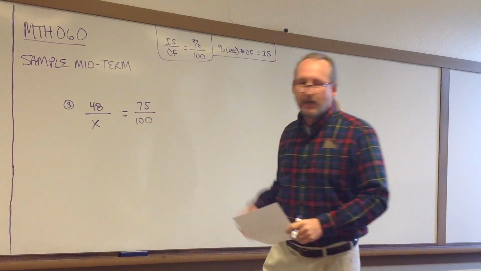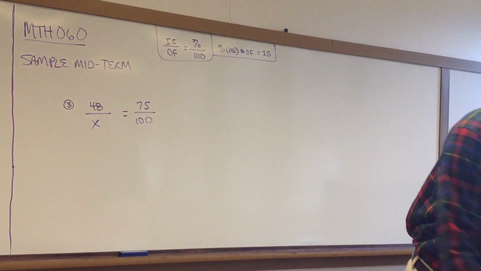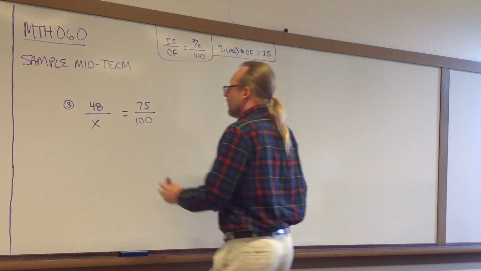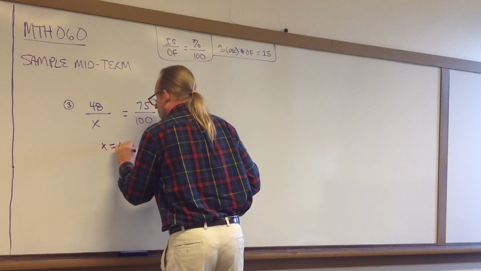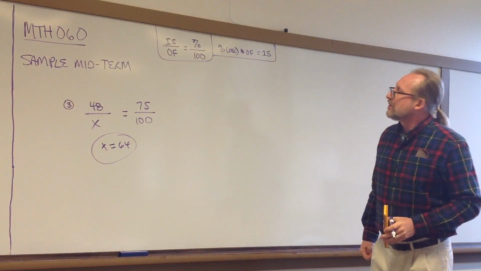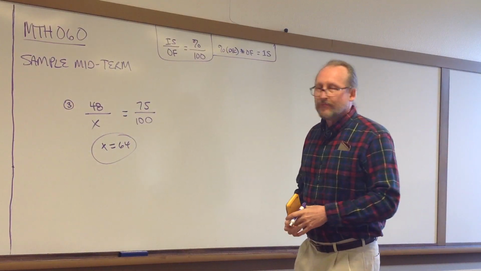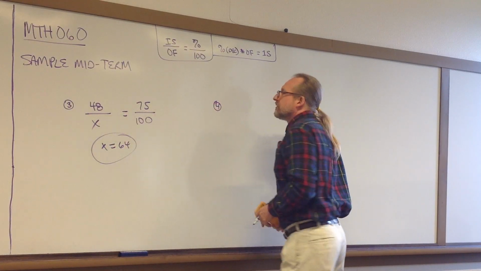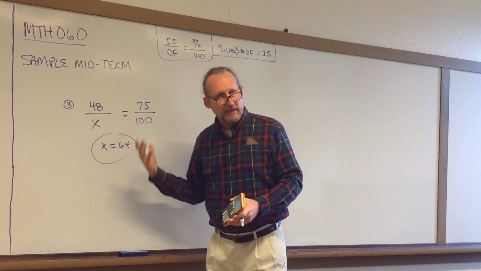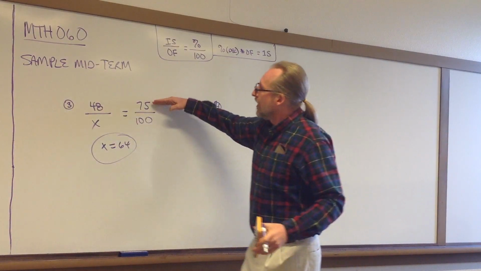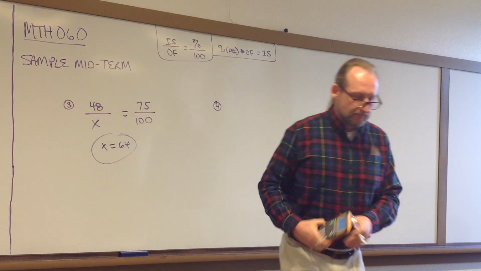So we go 48 times 100 and divide by 75, and we get 64. Okay? And that seems reasonable. There's a variety of ways that you can check this out. You can divide each of these and see if they give you the same decimal. If the top number is smaller, it should be smaller in both of them, and so on.